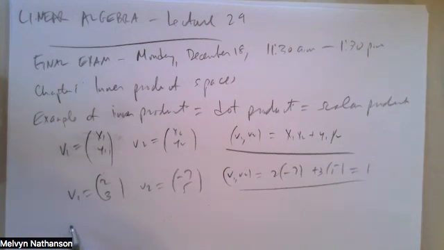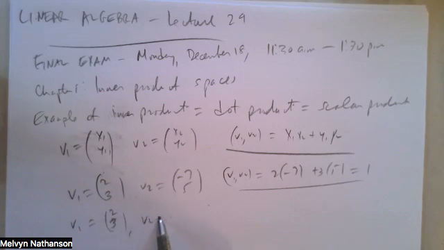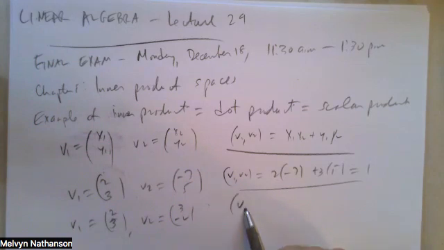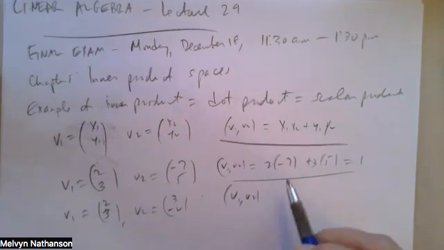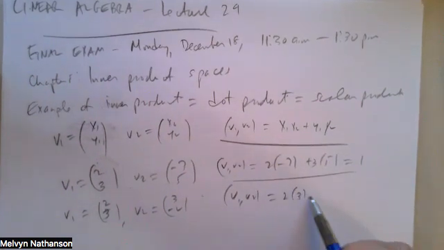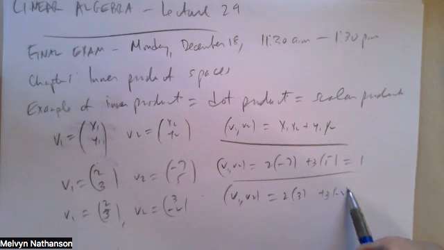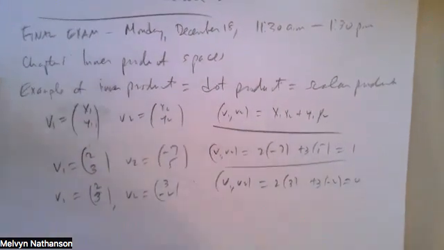Or if you had the vectors v1 equal 2, 3, and v2 the vector 3, minus 2, then their inner product or dot product would be 2 times 3 plus 3 times minus 2, which is 0.